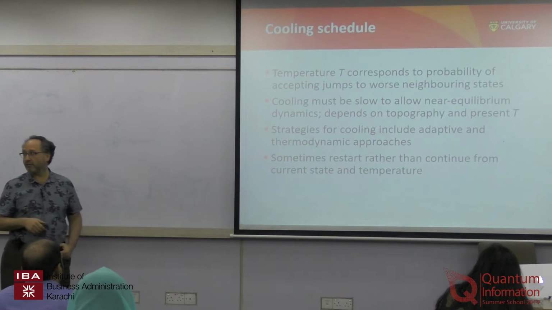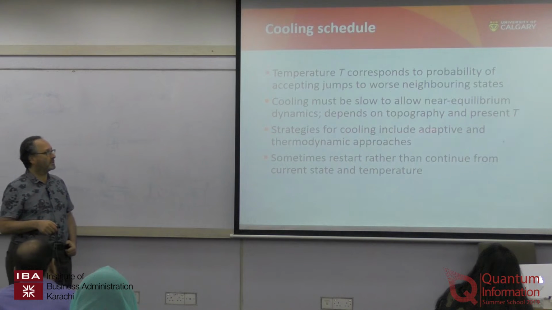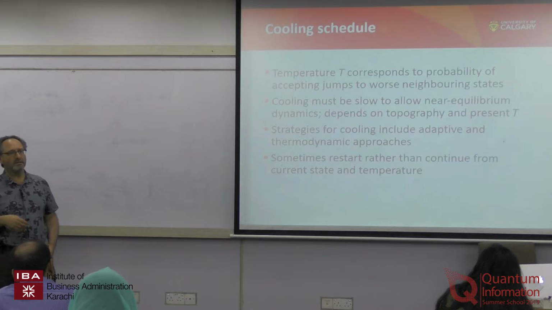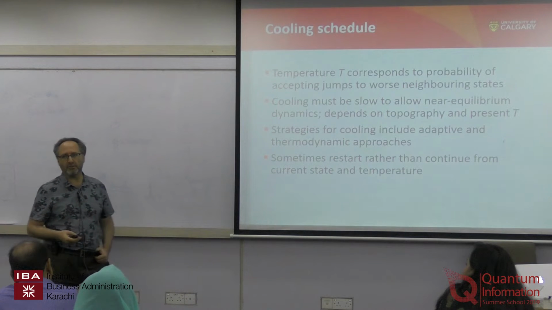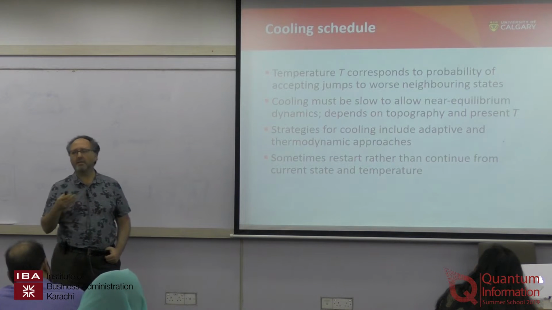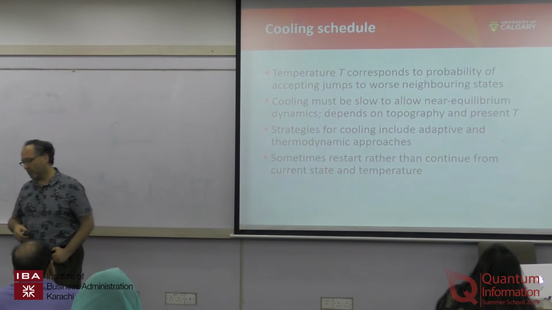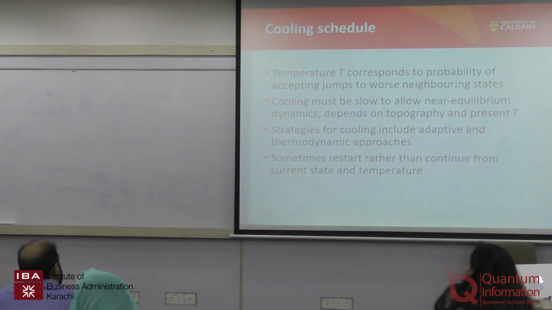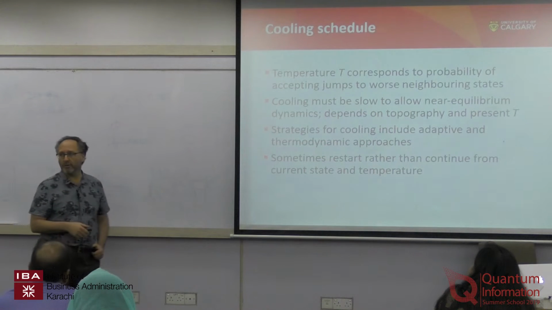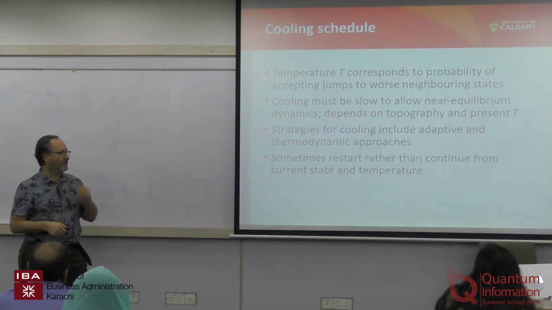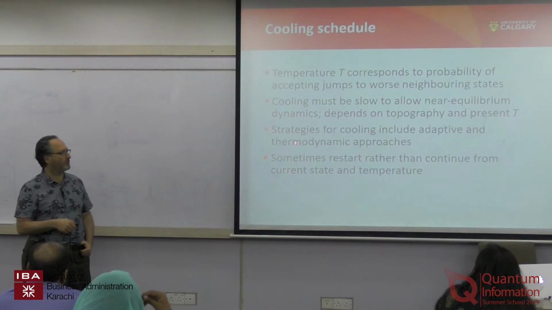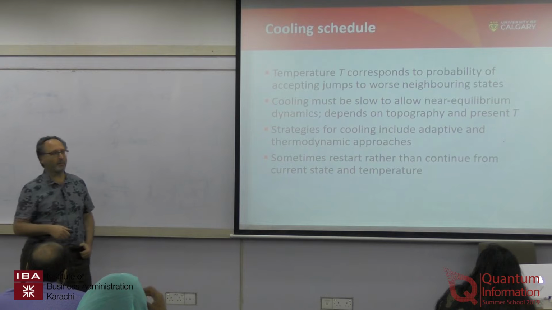And then there's a couple of main directions in cooling. One is adaptive: cool a bit, measure, this goes back to the measurement concept, see what you get, and then adjust the cooling accordingly. Or you could do it more like a physicist and take into account thermodynamic principles, and cool according to thermodynamics. So those are the two main directions, adapting based on measuring or taking a thermodynamic perspective.